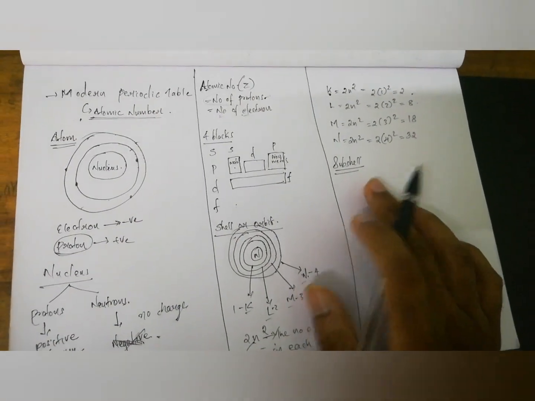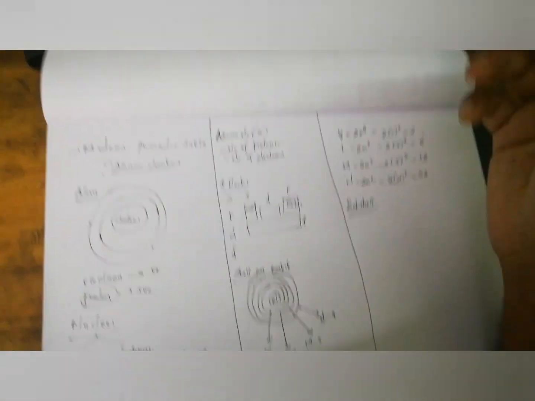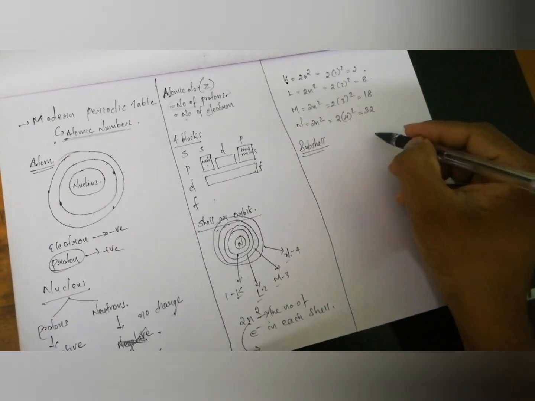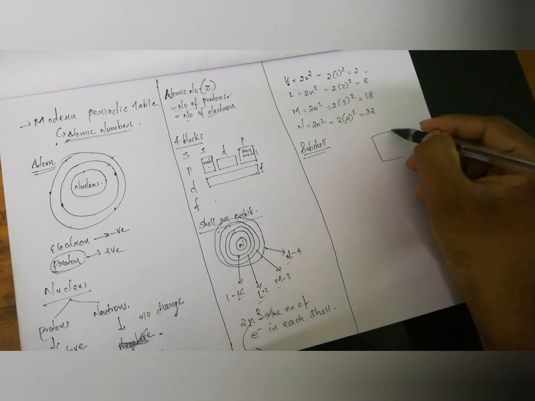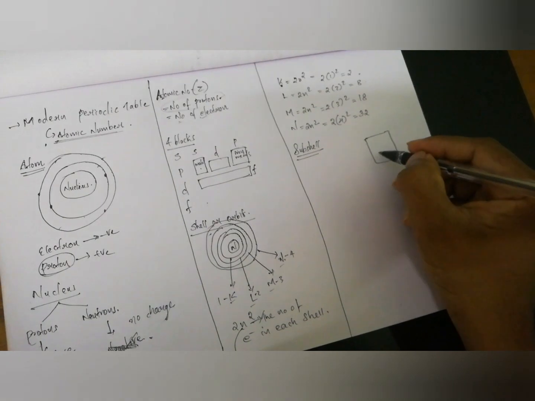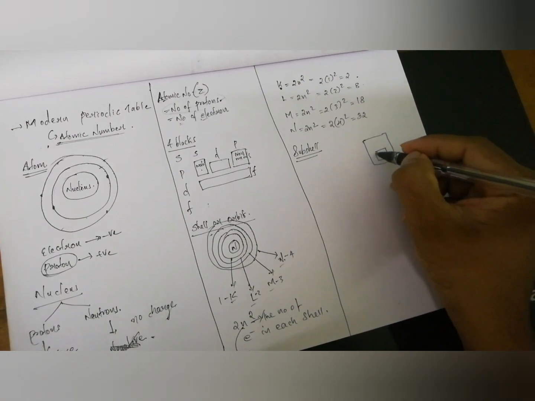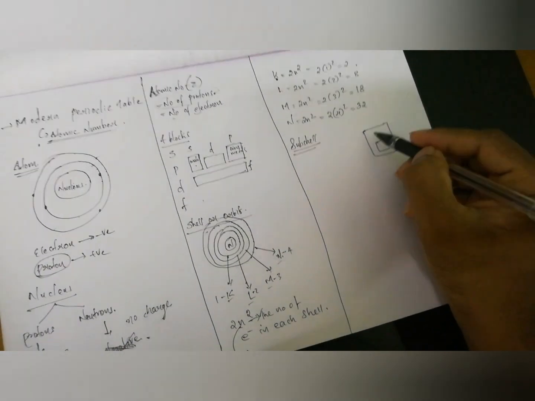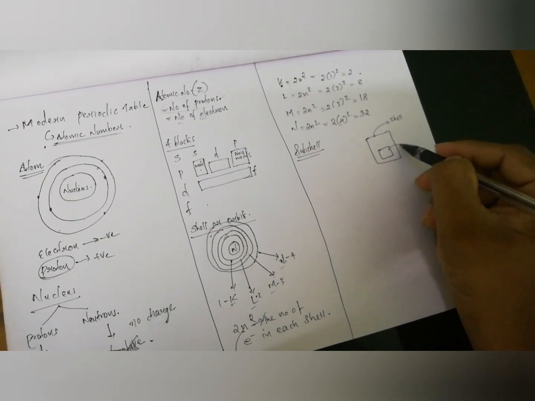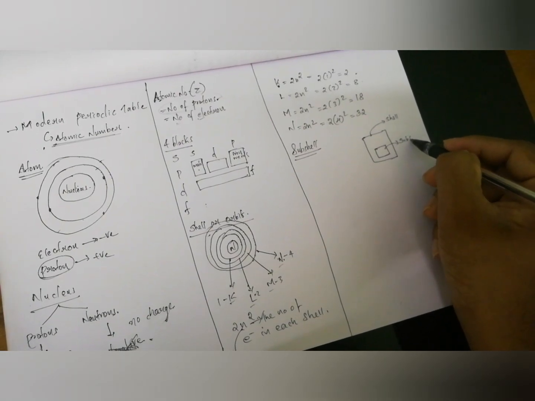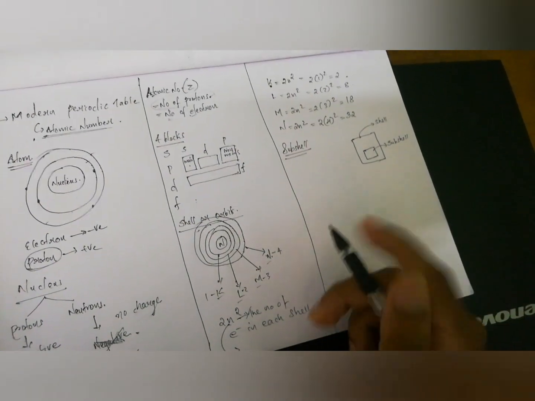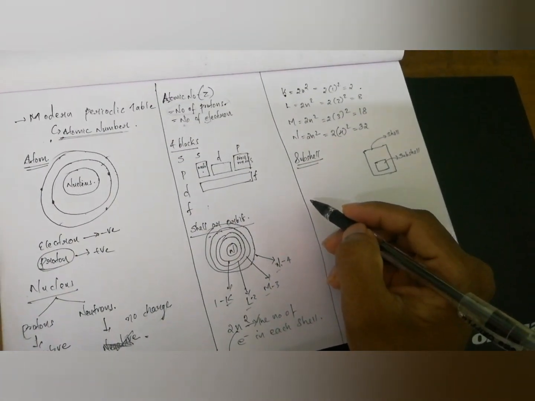If you look at a big box, there are small boxes inside this big box. This big box is called a shell, and this small box is called a subshell. Did you understand? Okay.